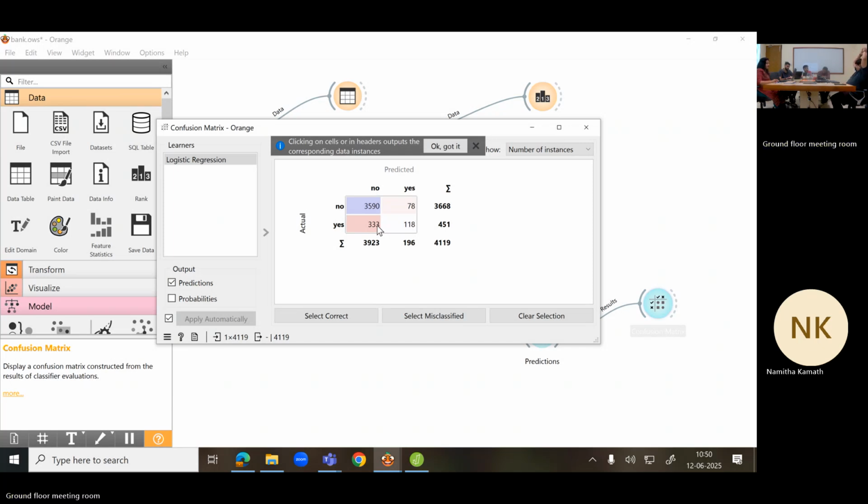Professor, can you also say that recall or sensitivity is the proportion of actual yes which have been predicted correctly? Yes, it is the proportion of actual positives which have been predicted correctly. 118 by 451, TP by TP plus FN. So that is your recall.